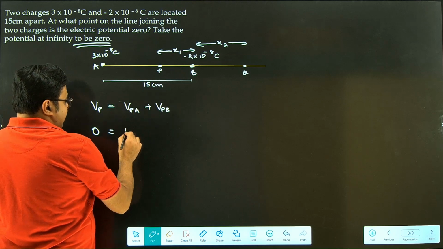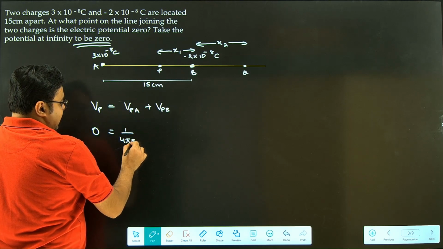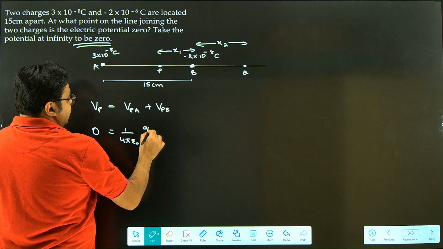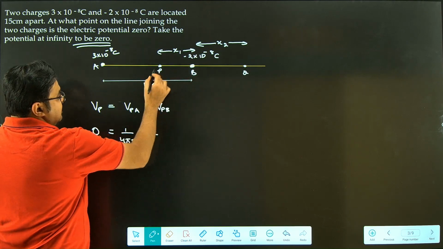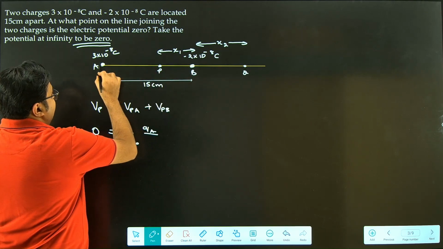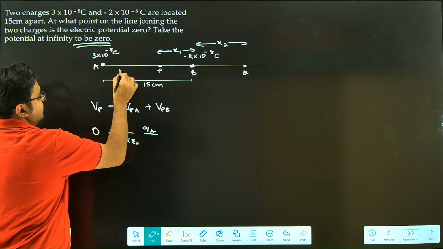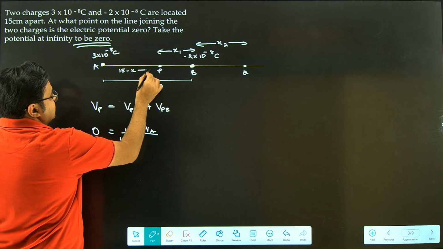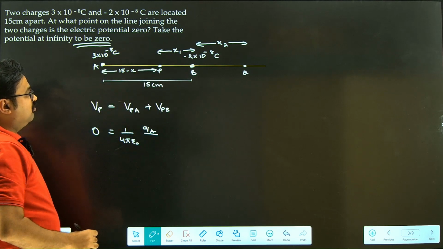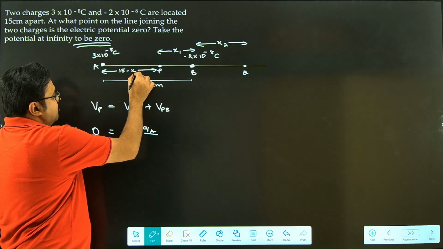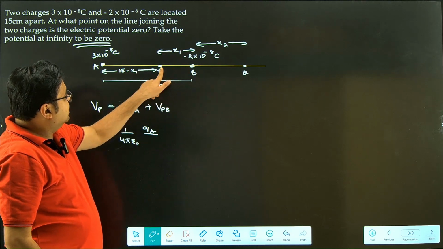The potential due to A is 1 divided by 4 pi epsilon naught QA divided by the distance from A to point P, which is 15 minus x1, I'm sorry, I missed that subscript. From here to here, it's x1.